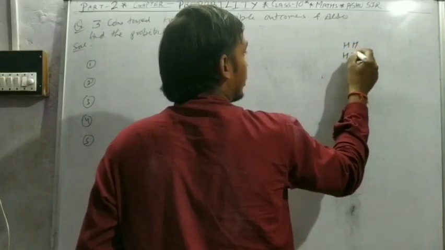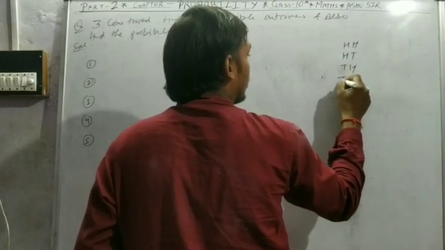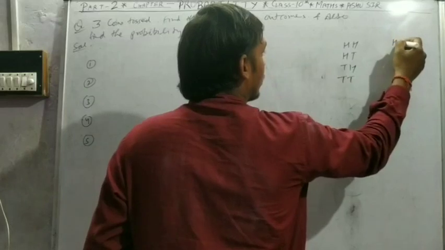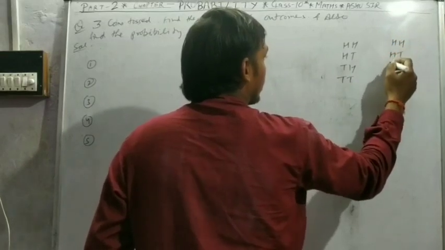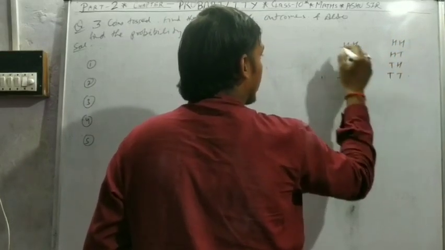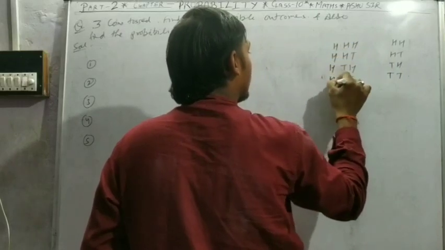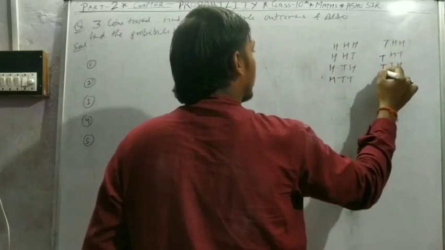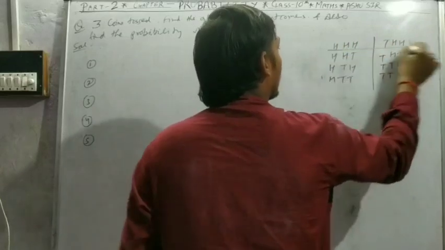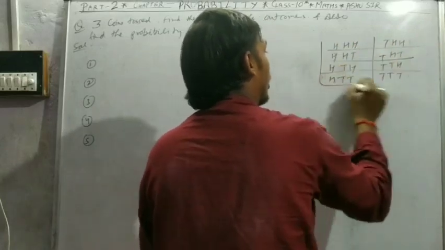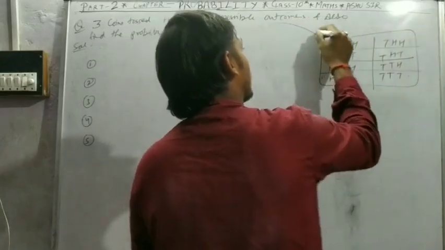Head, tail, tail, we write 2 times. Head, tail, tail, tail, head, tail. These are the 8 possible outcomes.